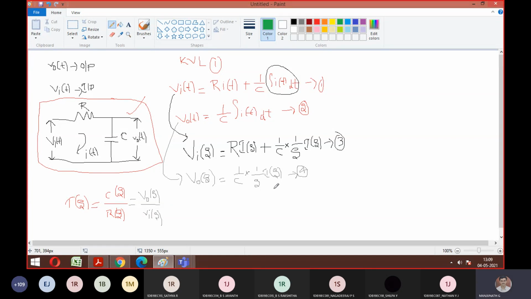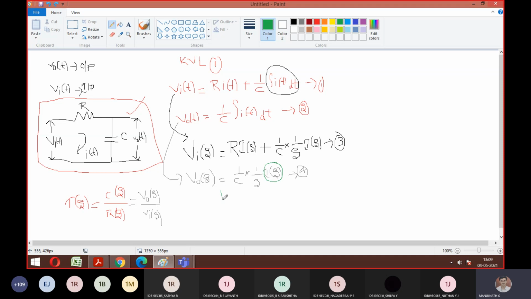You want to do substitution. Before substitution, we can do some manipulation here. Can I get only I of S from equation number 4? Only I of S, so nothing but V naught S into C into S. That I can substitute in equation number 3 so that we can get a ratio directly. Yes or no, guys? A simple mathematics is what you're supposed to follow here.